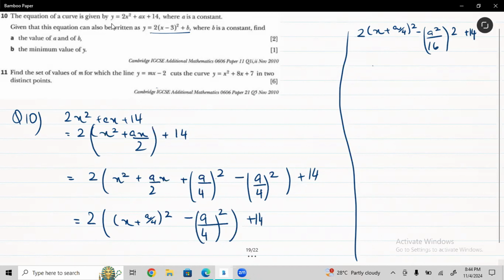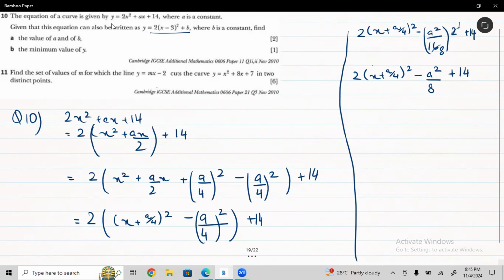Now the next thing we do is 2 times x plus a upon 4 whole squared, minus, 2 ones are 2, 8 is 16, so minus a squared upon 8, plus 14.